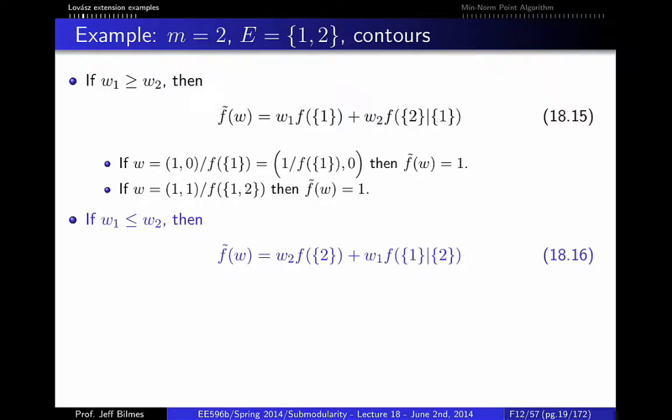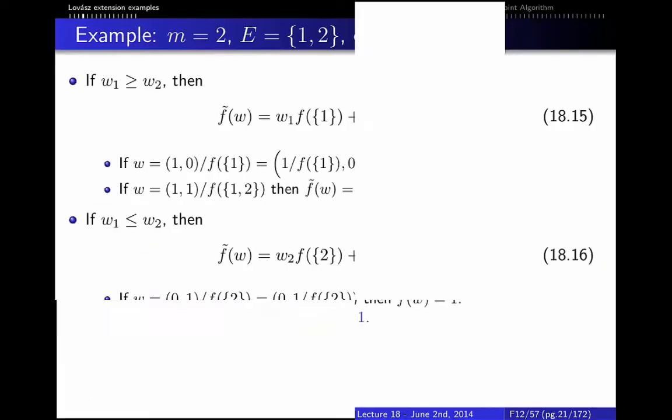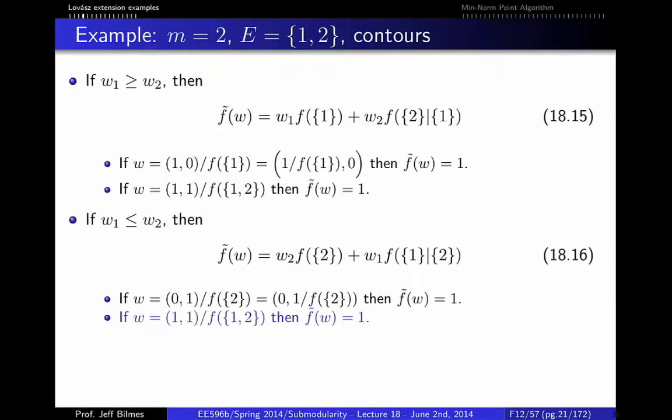And then similarly, or symmetrically, when W1 is less than or equal to W2, we have other expressions that evaluate to 1, namely this point, which is 0, comma 1 divided by f of 2. The first coordinate is 0, and the second coordinate is 1 over f of 2. Then in that case, we again have f tilde of w equal to 1, and then here's another point.